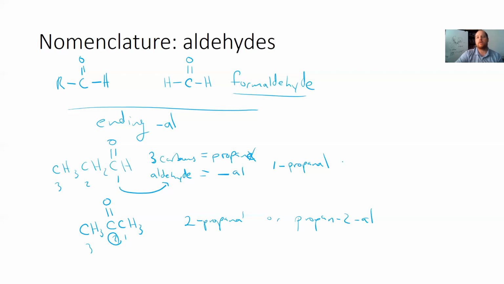Okay, this one up here could also be called propan-1-al. Okay, so that's propanal. So that's how you name your aldehydes. Basically, you use the Al ending to do that. Okay, so if you see Al, you know it's an aldehyde.